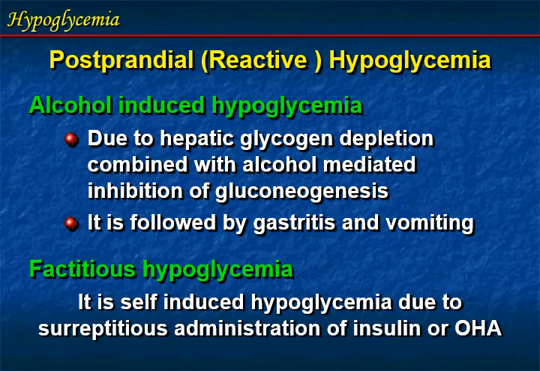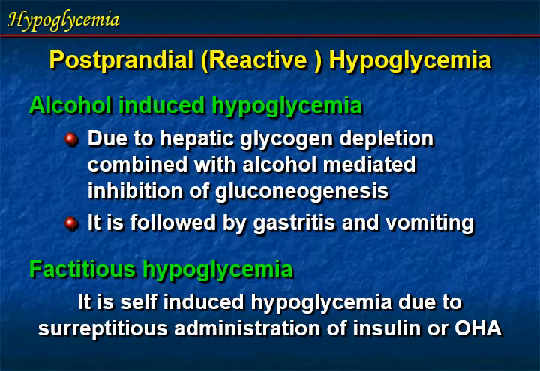Number two, inhibition of gluconeogenesis. And lastly, but not the last, we know that alcohol is followed many times by gastritis and vomiting. Alcohol-induced hypoglycemia is a situation of postprandial hypoglycemia which occurs in the Western population, and it's either due to depletion of hepatic glycogen due to alcohol or diminished gluconeogenesis. Number two, it's followed by gastritis and vomiting.